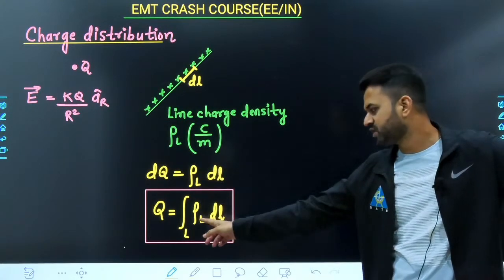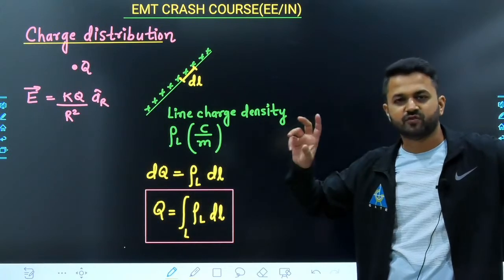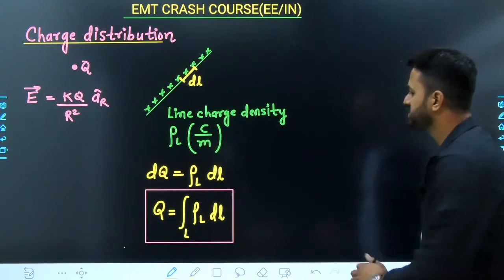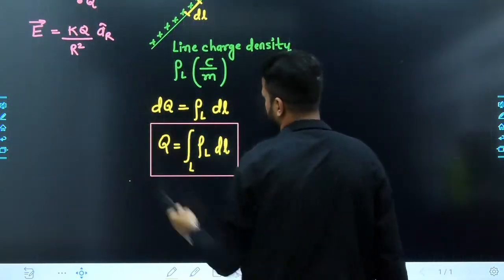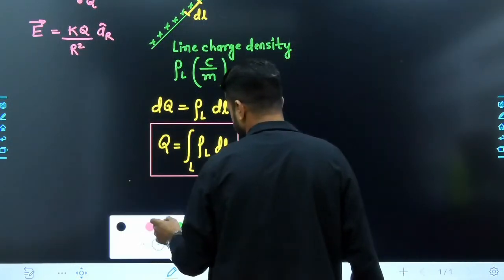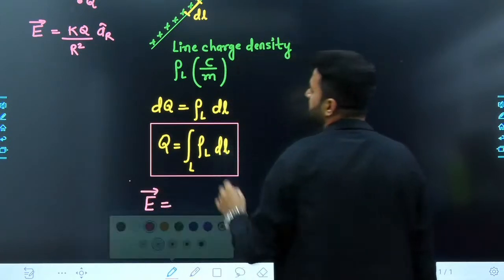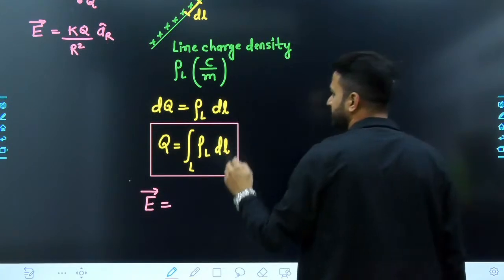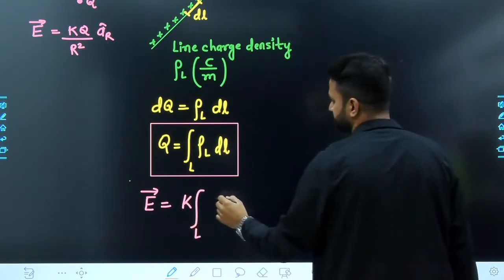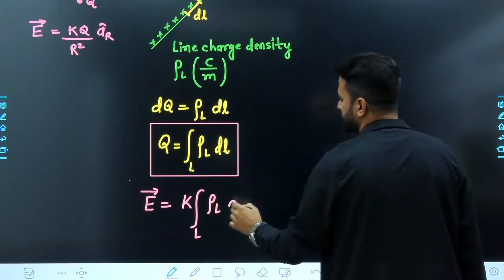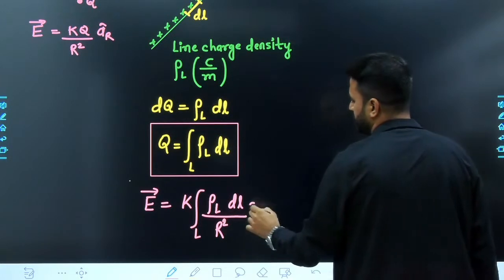Now if you want to write the electric field for this line charge, according to this formula, we will write vector E is equal to, this Q should be replaced by this one. So this is K times the integration over the length of ρL into dl upon R square into AR cap.